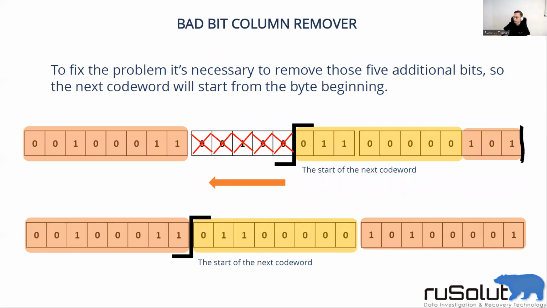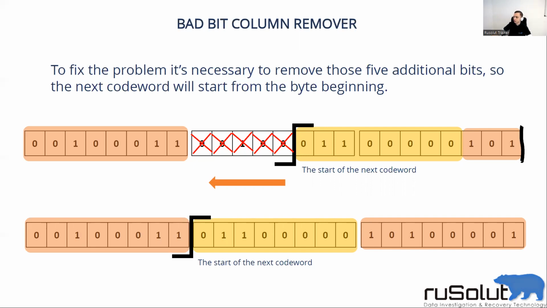Of course, we must also exclude the additional bad bits that the controller had written to the end of the code word, and we will do it just with our element too, because we will still work with bad bits.